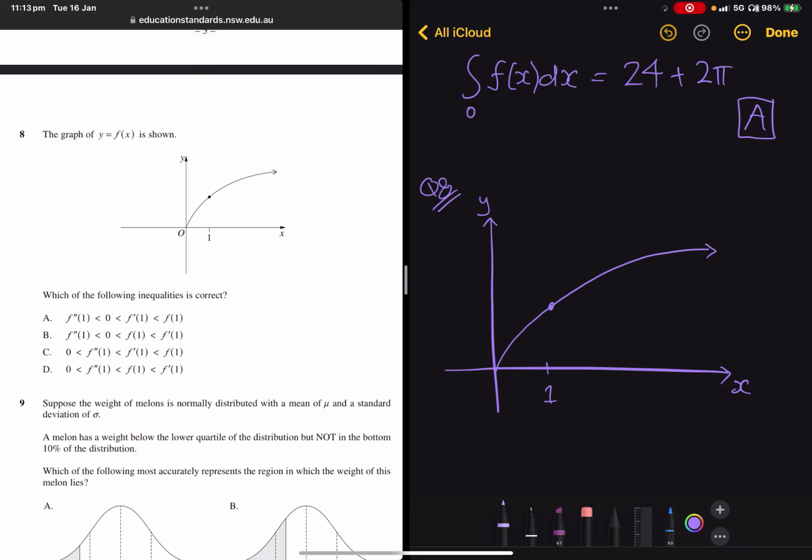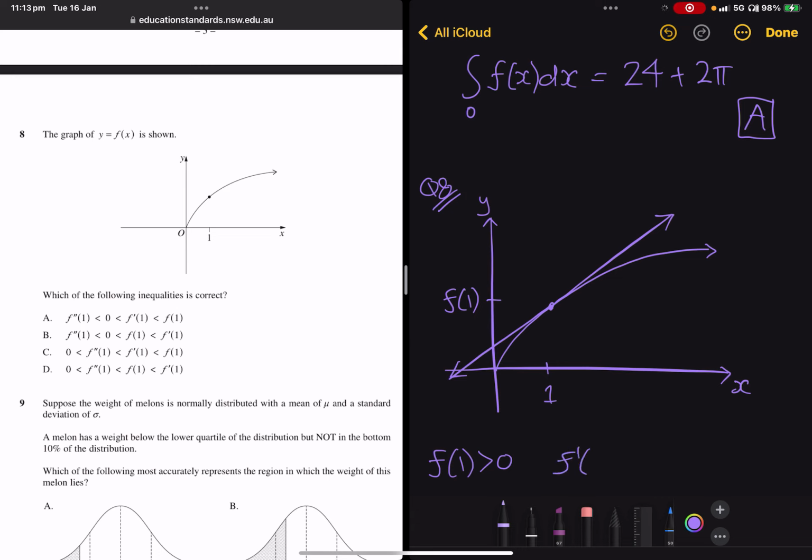So immediately we can see the function when evaluated at 1, f of 1, is positive. So we know f of 1 is greater than 0. If we look at the slope of the tangent at this point, something like this, the slope of this tangent is definitely positive.